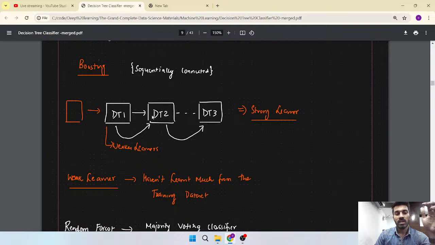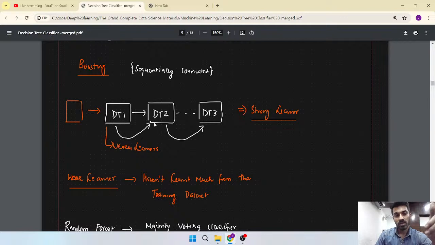But the second time we also give the data that was wrongly predicted by the first learner. We give this data also to our second decision tree, randomly shuffle the data, and give higher weightage to the data that was predicted wrongly by the previous model.